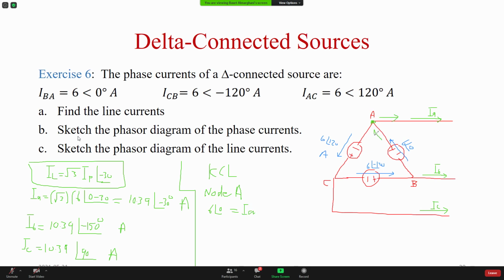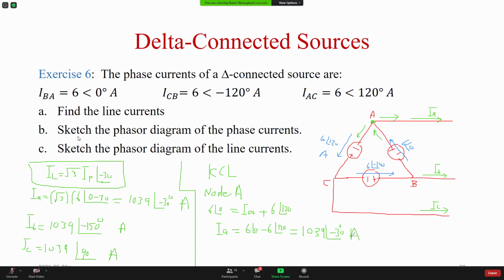This is coming, and this is leaving. The other one leaving is 6 angle 120. So IA will equal 6 angle 0 minus 6 angle 120. And if you put this in your calculator, you're going to get the same answer, 10.39 angle minus 30 ampere.